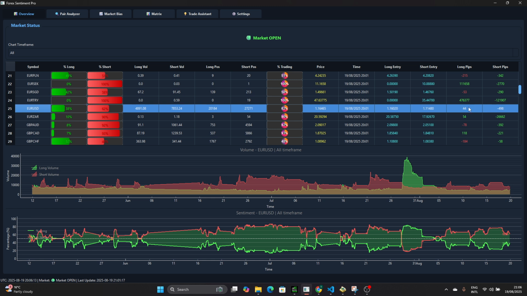Also, this one tells you where the price is at, either away from the long entry or away from the short entry. This gives you a clue. So if you want to buy Euro USD, you have 44 pips away from the long entry.